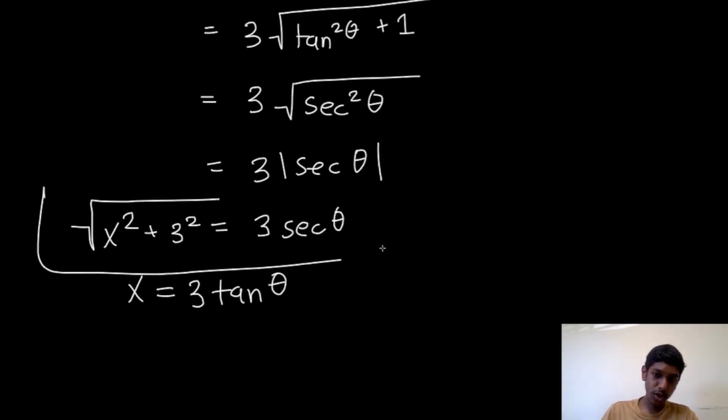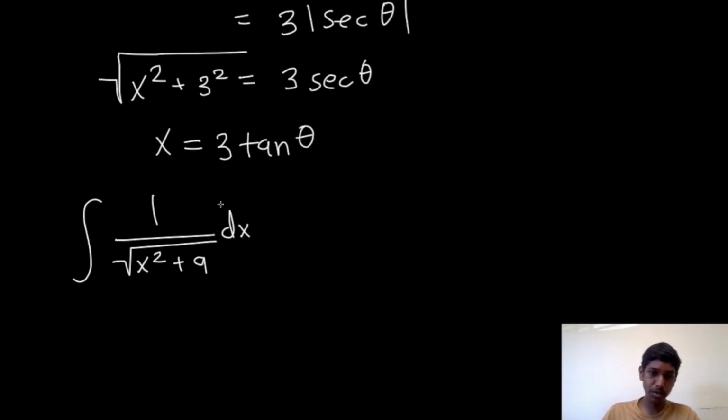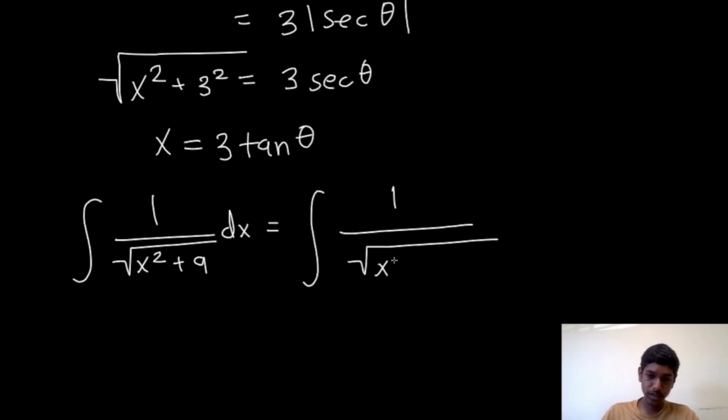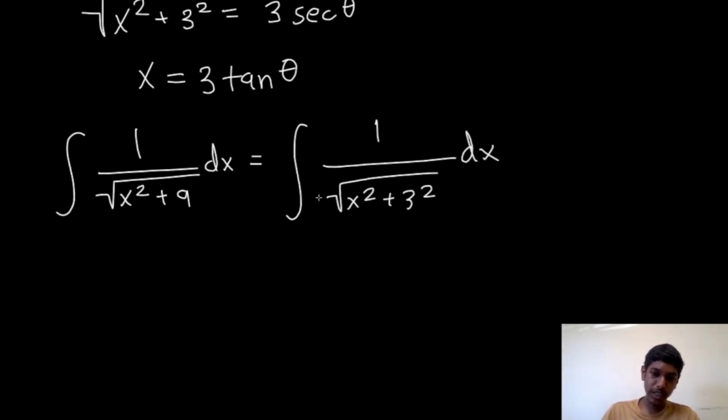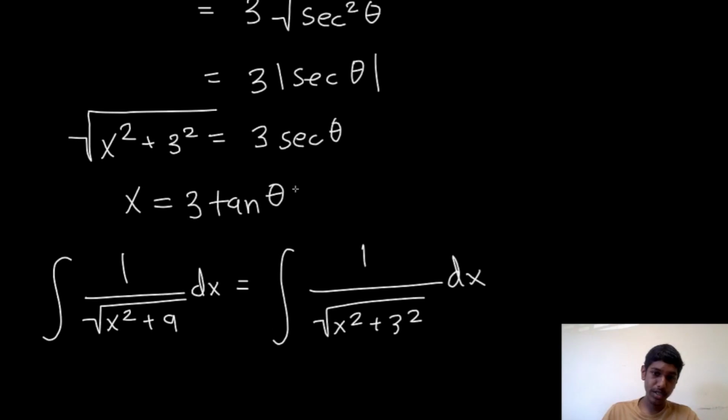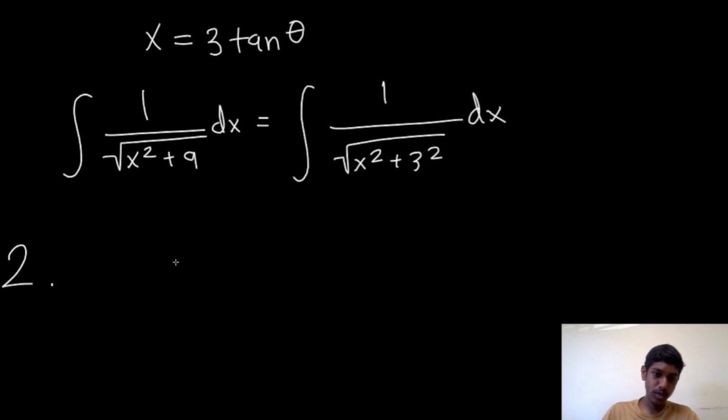And then we also know what our radical simplifies down to. So this was our problem right here, and we are going to write this in the same form: 1 over root x squared plus 3 squared dx. And now we apply the substitution. That will be step 2.